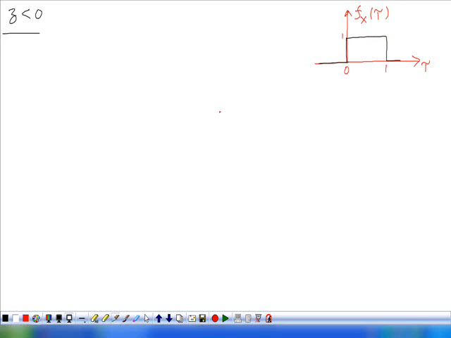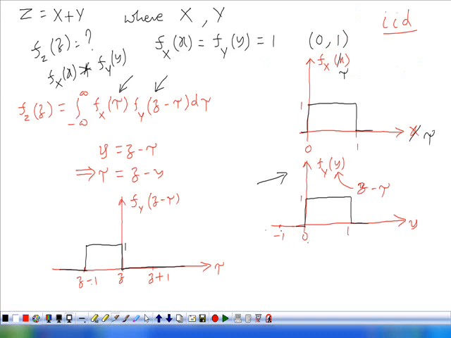Now what about f_Y(z minus tau)? We are letting z be less than 0. See the previous slide. If z is less than 0, this is at less than 0.